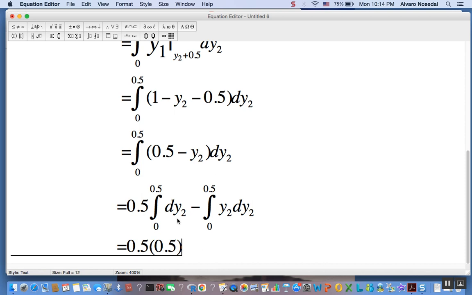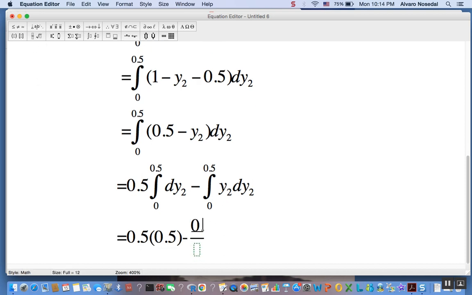You guys agree? Okay, next one. It's going to be just y2 squared divided by 2, evaluated at 0.5 minus the evaluation at 0. So it's going to be just 0.5 squared divided by 2. You guys agree? Okay.